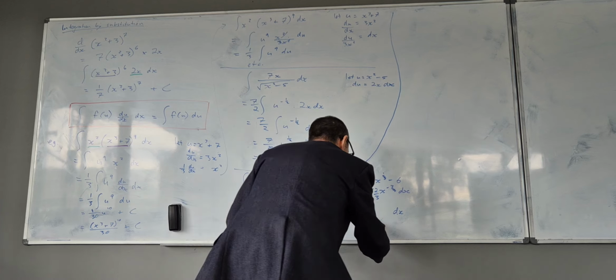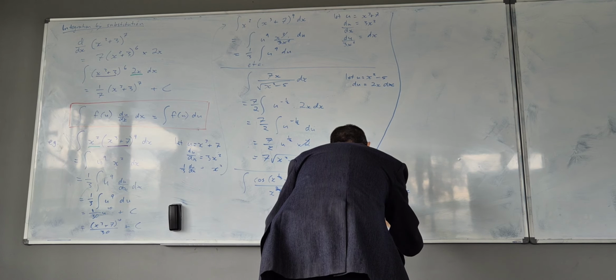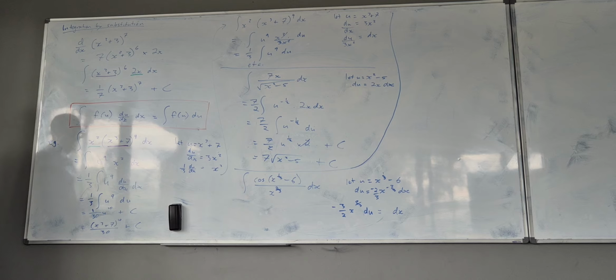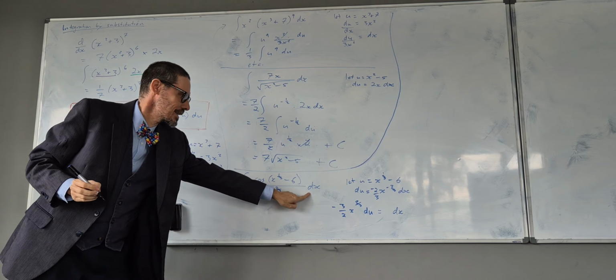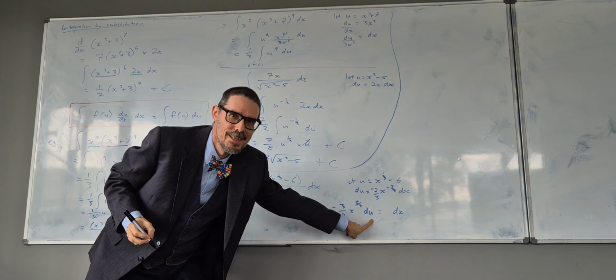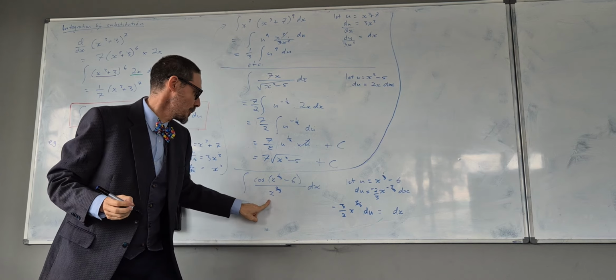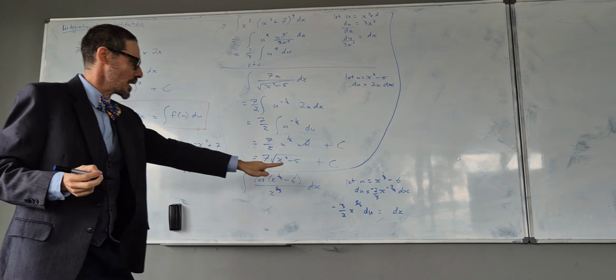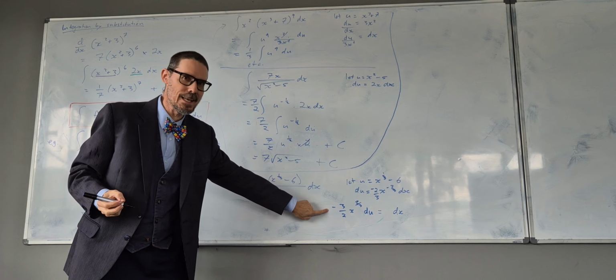Oops, I missed my du. If you replace dx with this, it will cancel with the 1 on the bottom and you'll get exactly what you need. You can just do it straight from this if you want to, or you can rearrange for dx. It's up to you.